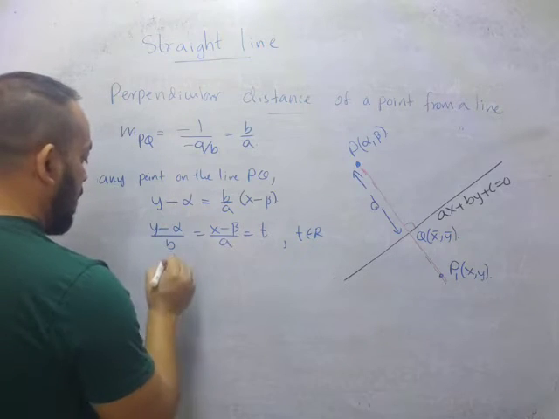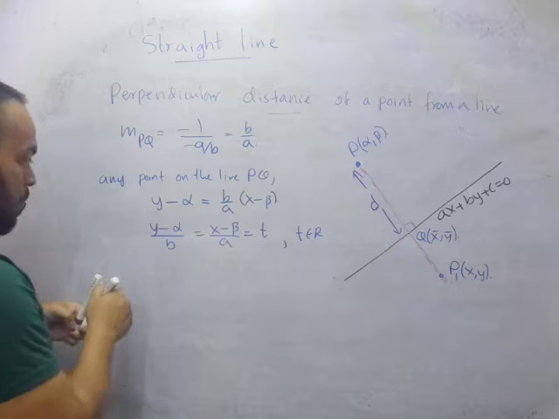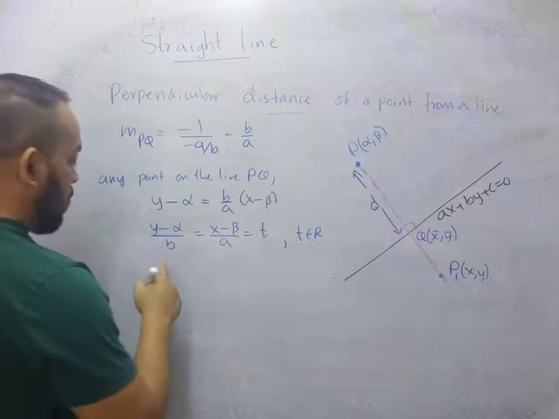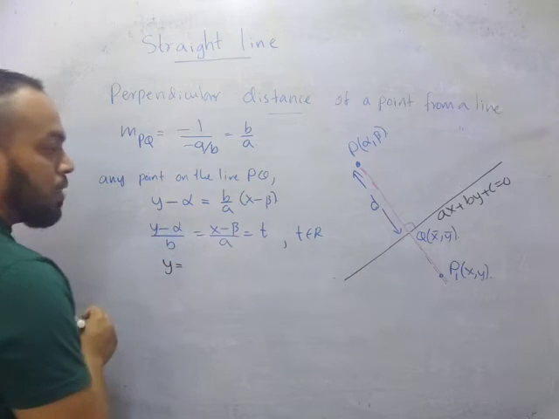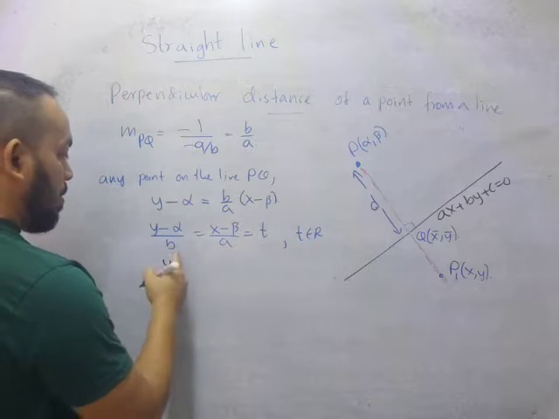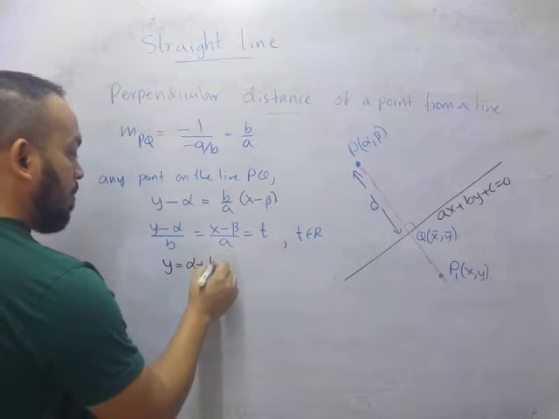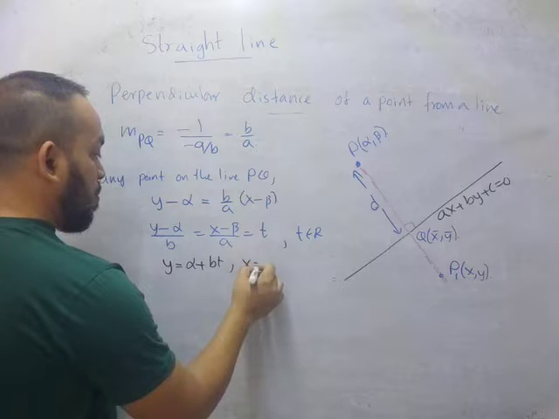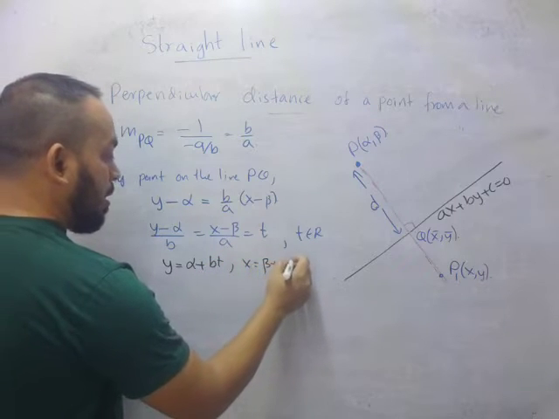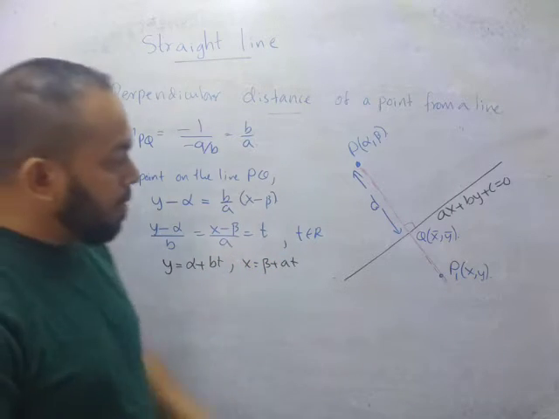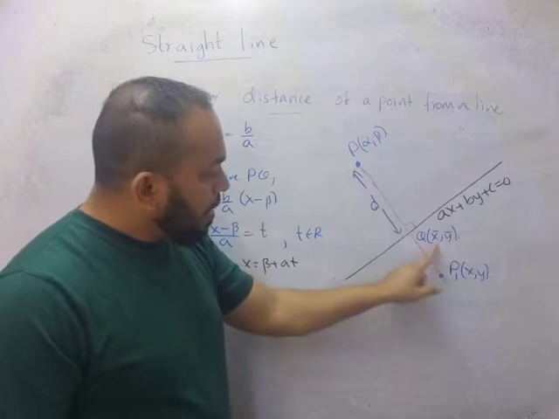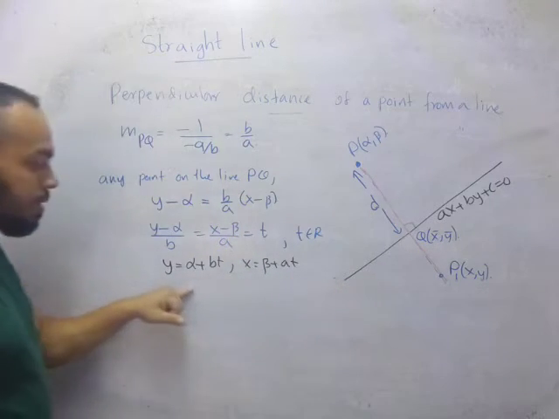Now using this, we can write y equal to alpha plus bt, and x equal to beta plus at, for any point on this line. So we can represent this point Q like this.